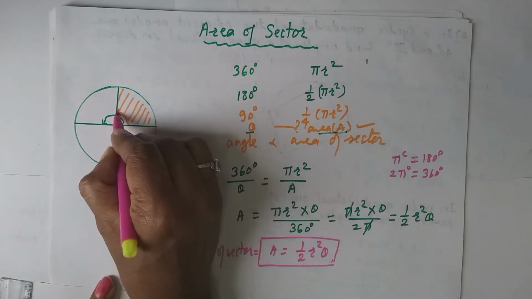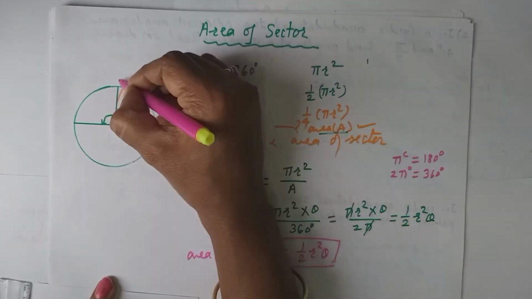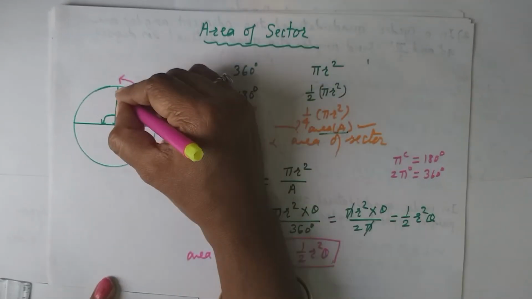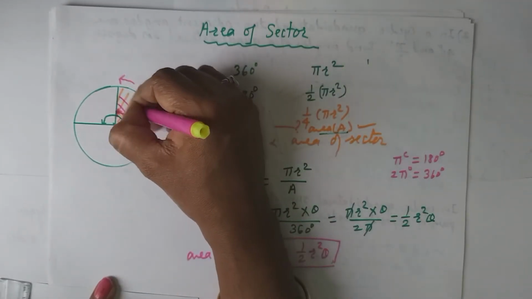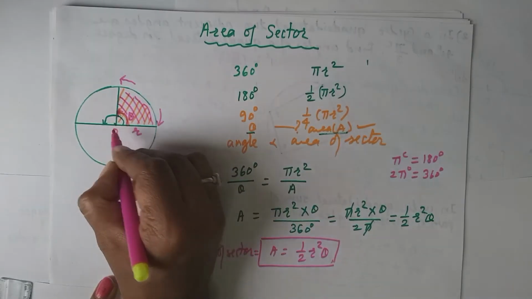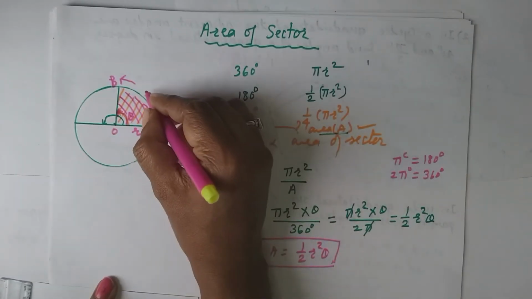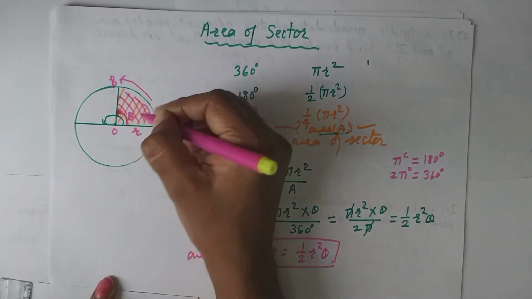And what is theta? Theta is the angle, r is the radius of the circle, and I have to find the area of this sector. If I treat this as O, this as A, this as B, then this is sector AOB.